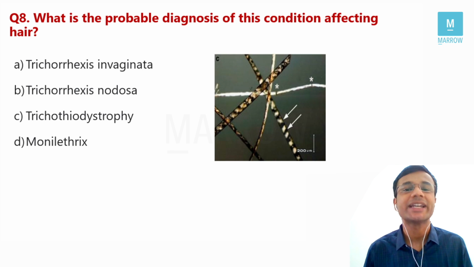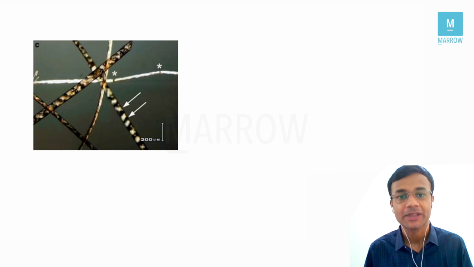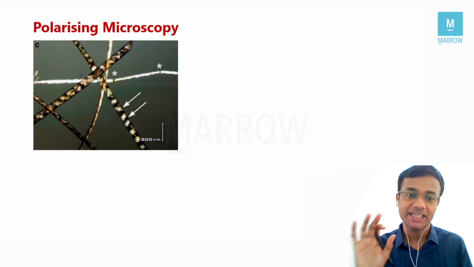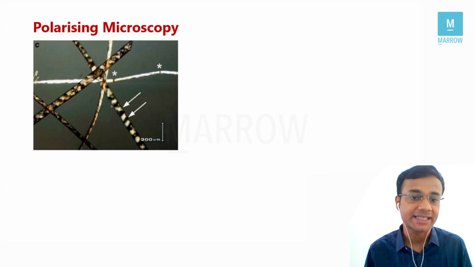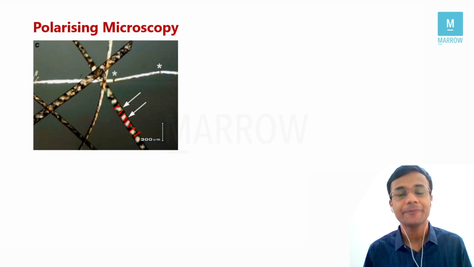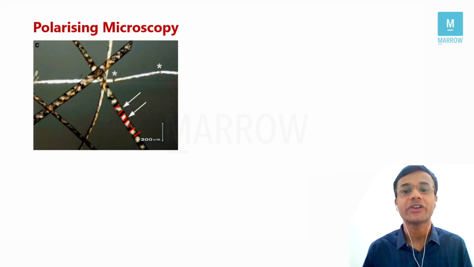First let us try to identify what image has been shown to us. This image is one of polarizing microscopy. They have shown a polarizing microscopy image in the exam, and what you see is alternate bands. A lot of alternate bands here resemble the tail of a tiger.